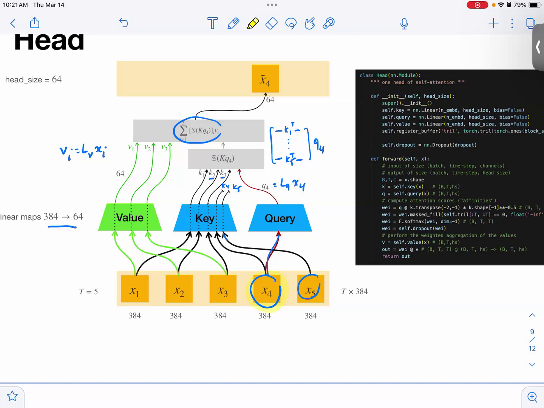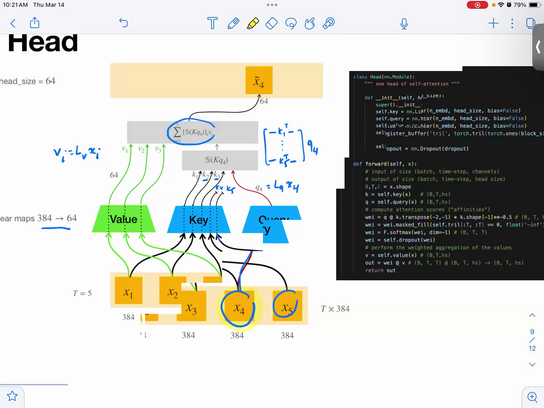Each of these blocks will have different query, key and value mappings, so they extract different information. Does that make sense? It takes a while. This is the part of the report which is important for letting people easily go through it. You can see there's a self key; the key is a linear map. These are the linear mappings.